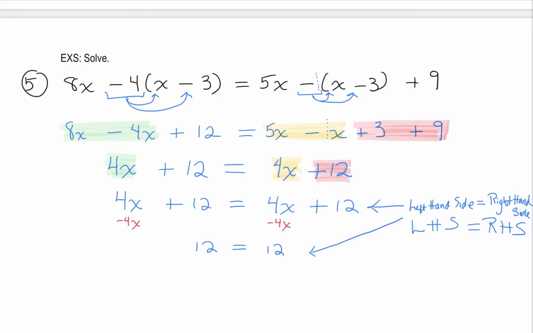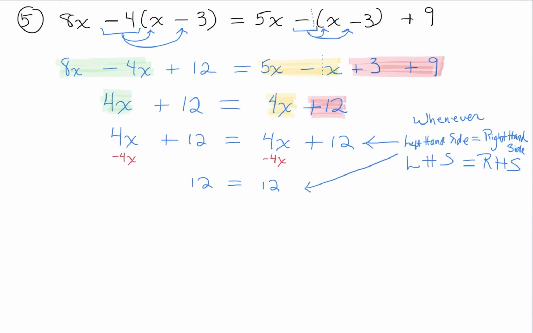Maybe you didn't notice it until you got to the 12 equals 12. But whenever you notice that the left-hand side is equal to the exact same thing as on the right-hand side, this is going to tell us something different. In this case, no matter what I sub in for x, I'm going to simplify it and get the same thing on the left that I do on the right.